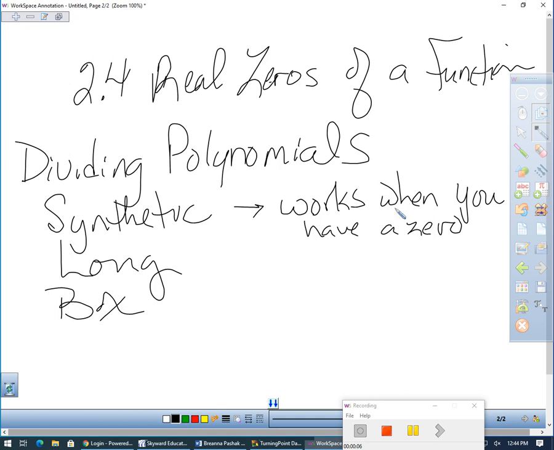You set it equal to 0 and you have a number, right? Long division, however, works all the time. And so anytime you're dividing by more than a binomial, guess what you have to use? Oh, you're going to actually use long.